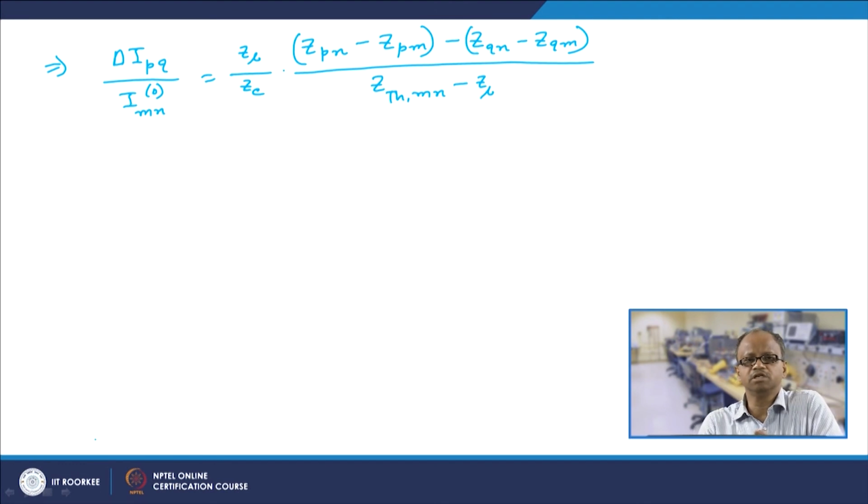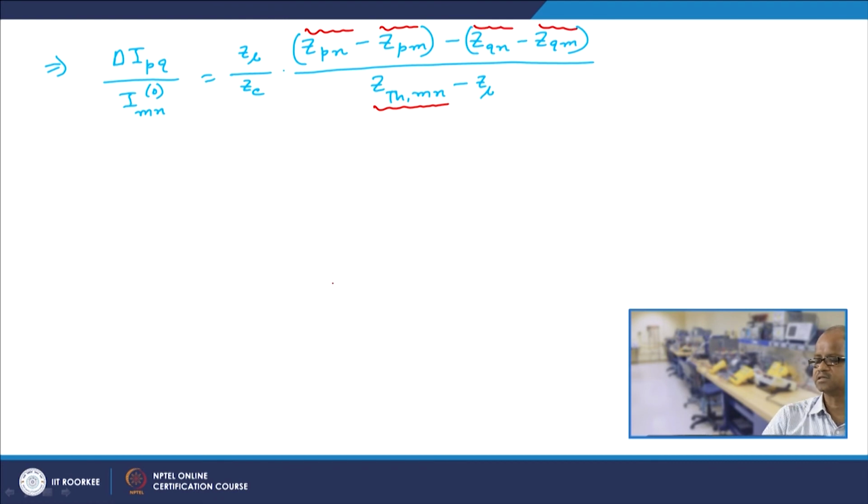So, by this, if any line is getting outaged, we can simply estimate what would be the change in the current flow over any line by this simple expression. In this expression everything is constant, but here we need to note something very carefully so that we do not make any mistake. There are some quantities which are elements of the bus impedance matrix. So, these quantities are elements of the bus impedance matrix.